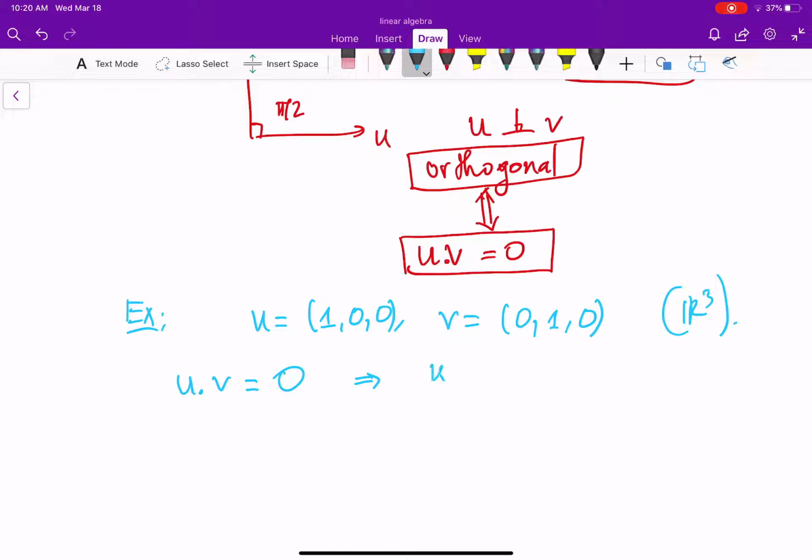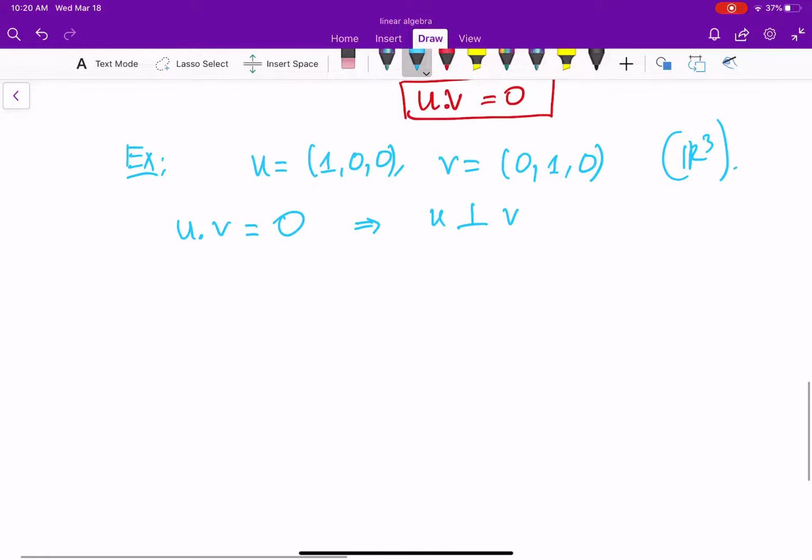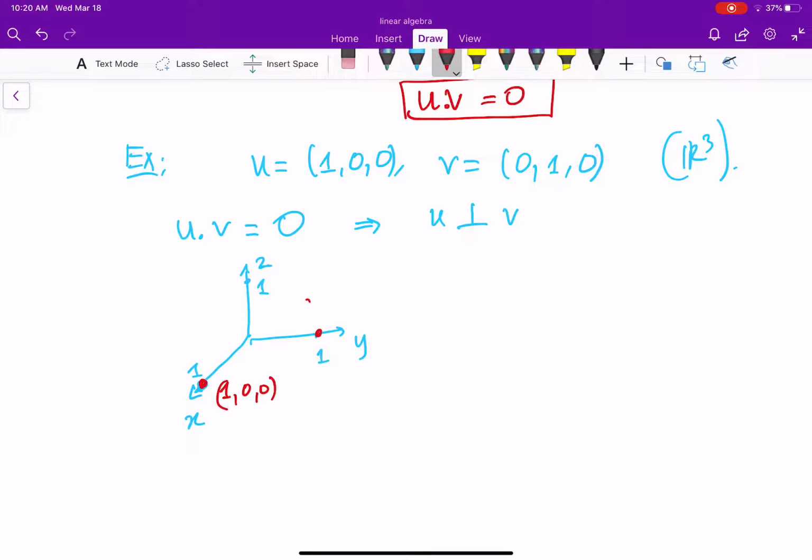That means u is orthogonal to v, right? And we can see in the picture, (1, 0, 0) looks like this. Suppose this is x, this is y, this is z. Okay, this is 1. So (1, 0, 0) is right here. That is (1, 0, 0), and this is (0, 1, 0). And of course, this is (0, 0, 1).